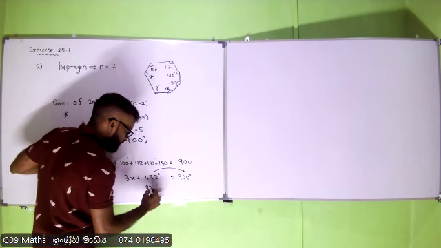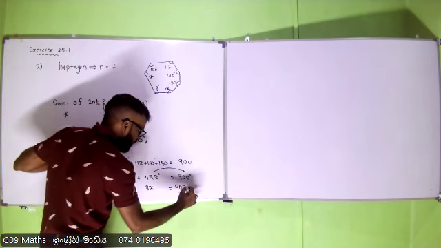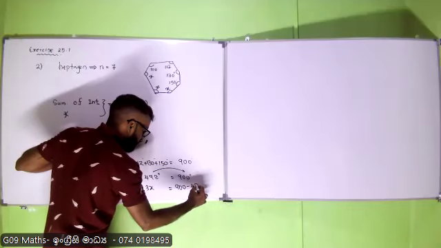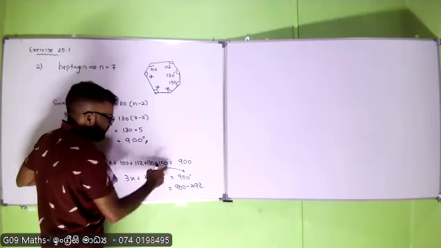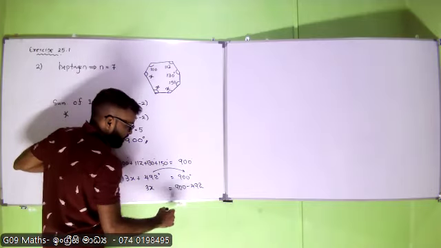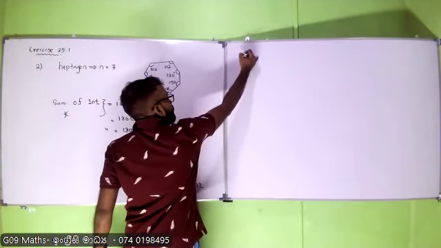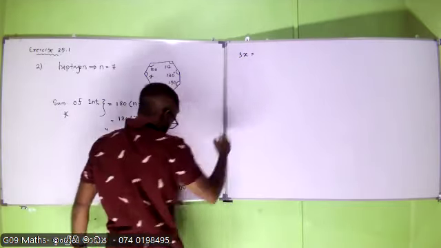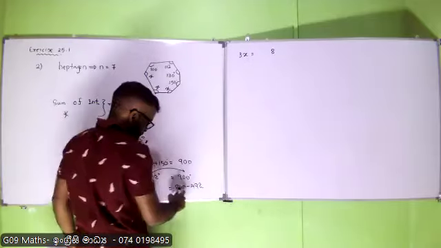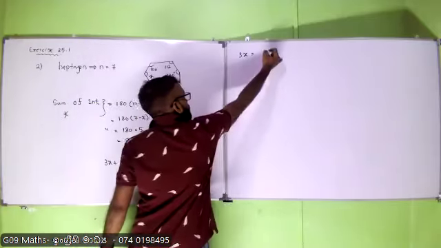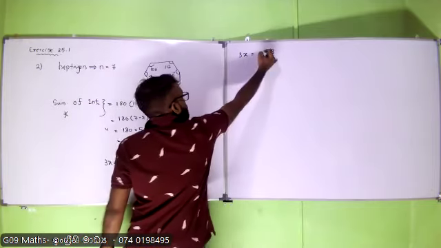So 3x equals 900 minus 492, which is 408.